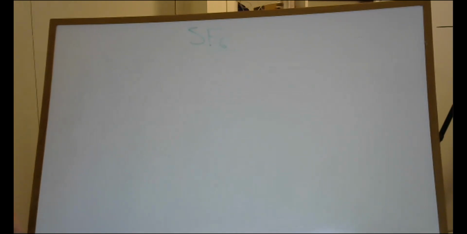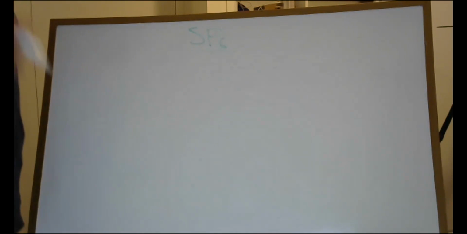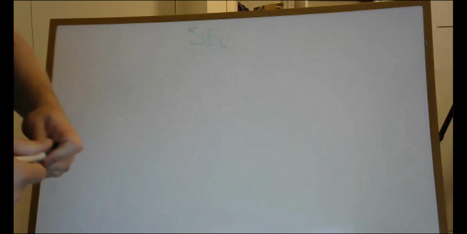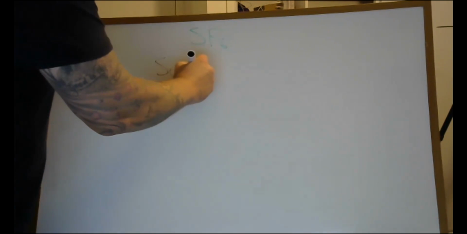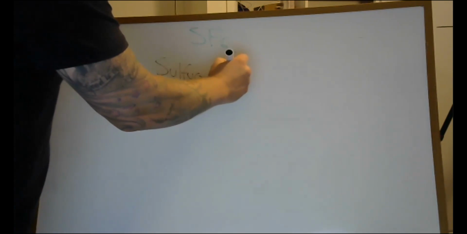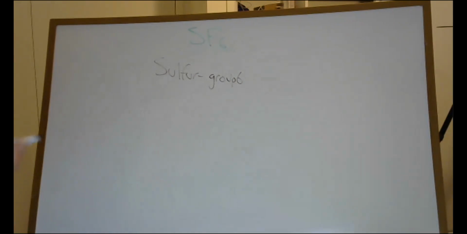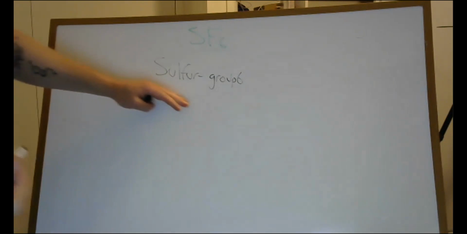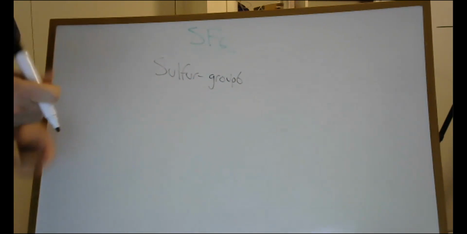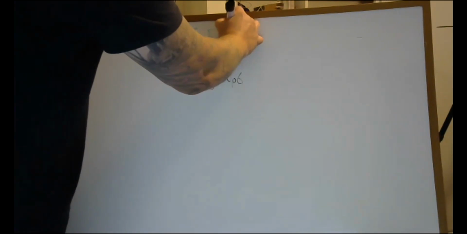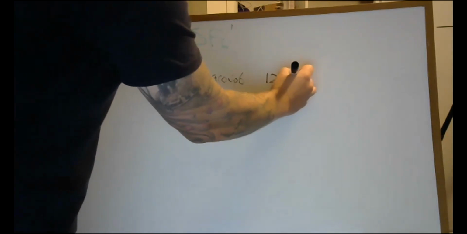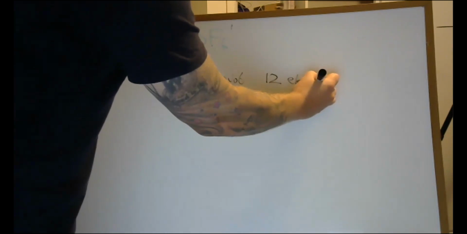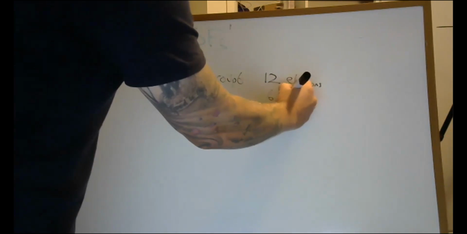Sulfur is in group 6, so it has 6 valence electrons available for bonding. And then we have 1 available from each fluorine, so we would have a total of 12 electrons, 6 pairs.